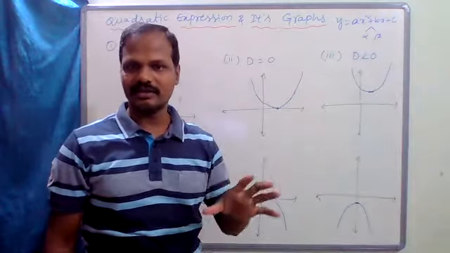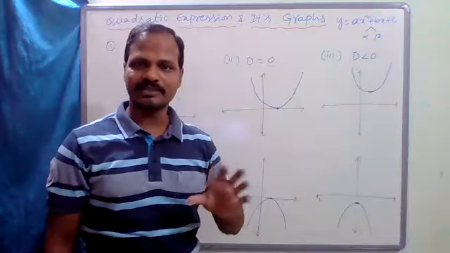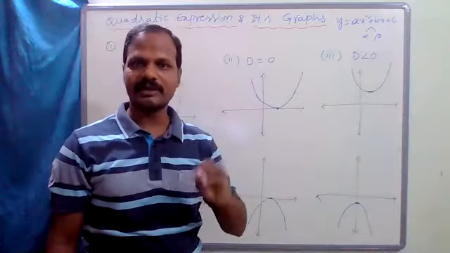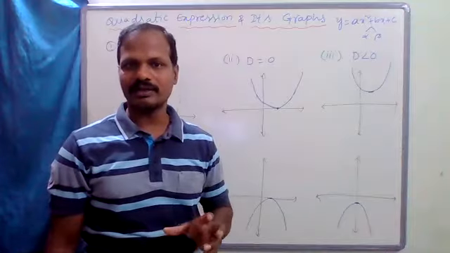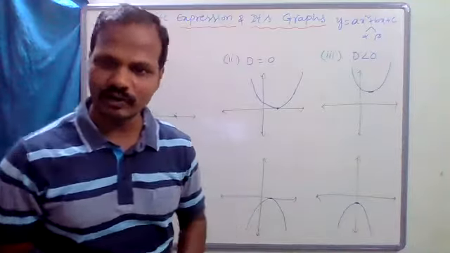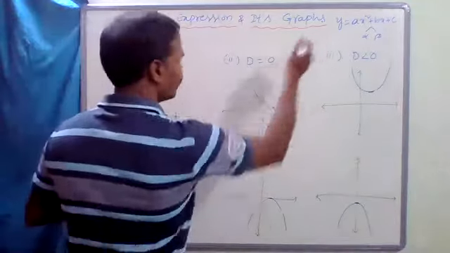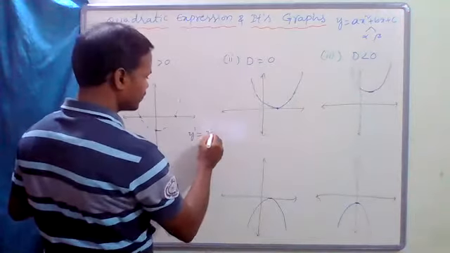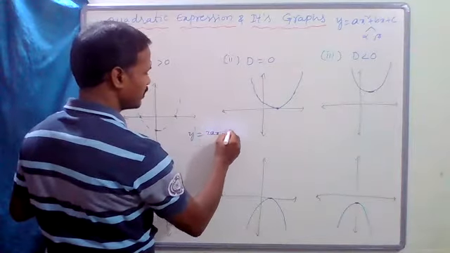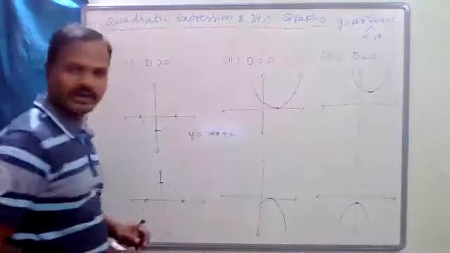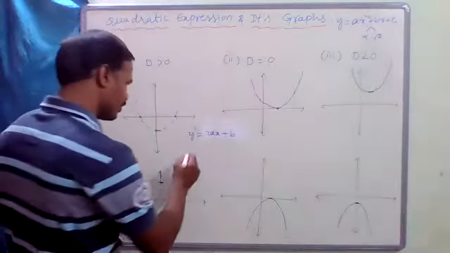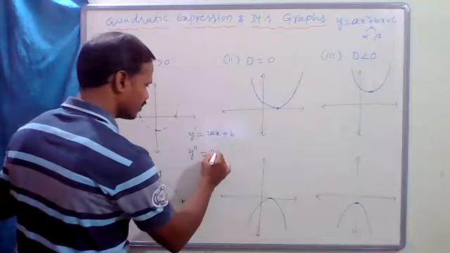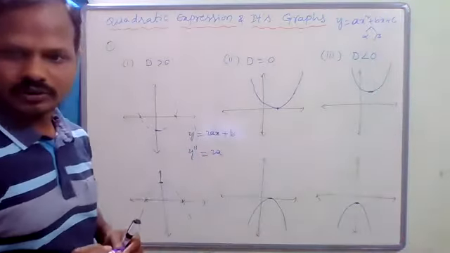In first year, the application of derivatives topic, to find the maxima and minima, we calculate the first derivative and second derivative. Now y dash equals 2ax plus b, the first derivative. And the second derivative, y double dash, equals 2a.